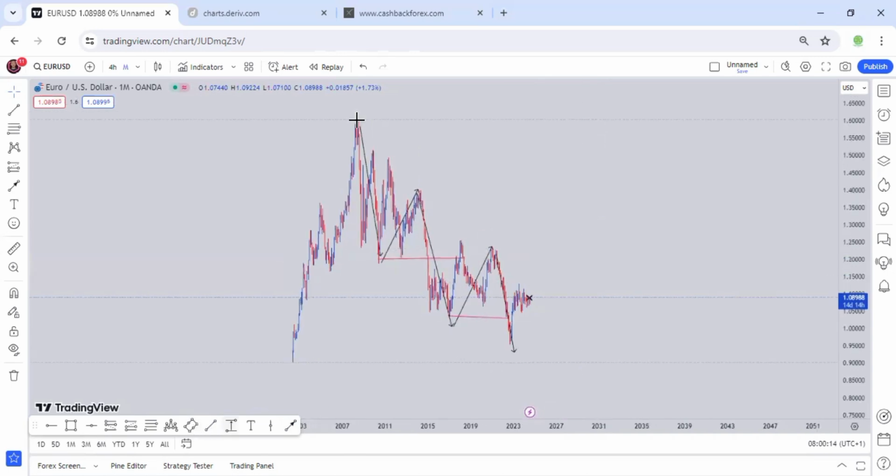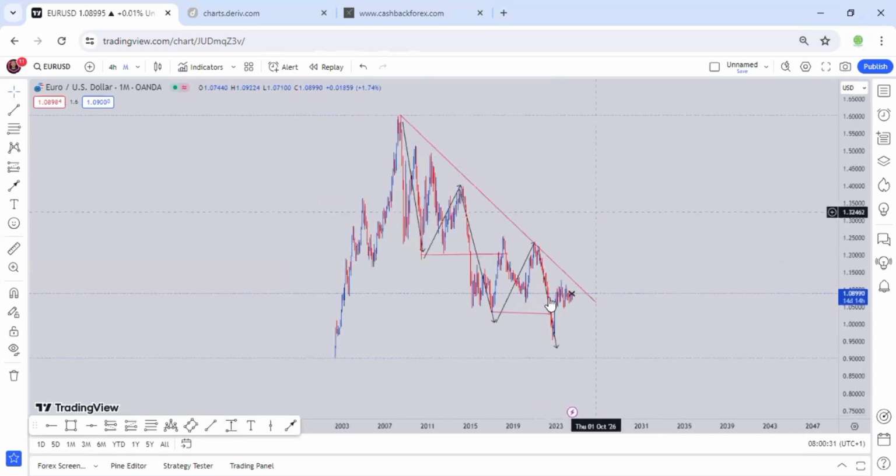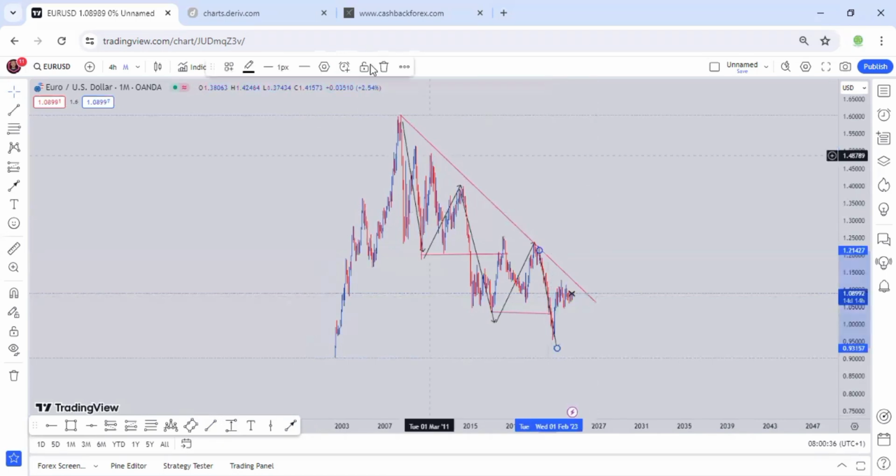So you can see that from the monthly time frame perspective, the market is bearish. Because the market is bearish here doesn't mean that the moves on the lower time frames are going to be bearish. No, it doesn't mean the same thing. This just implies that we have established our overall monthly flow.